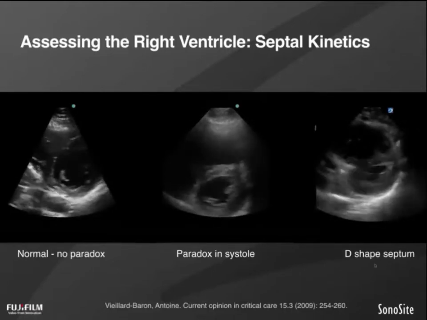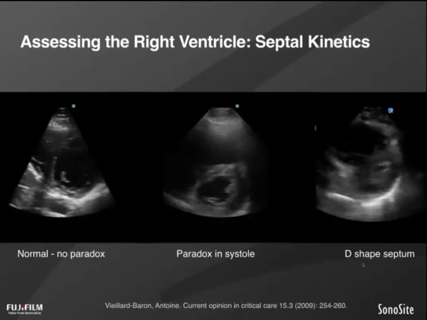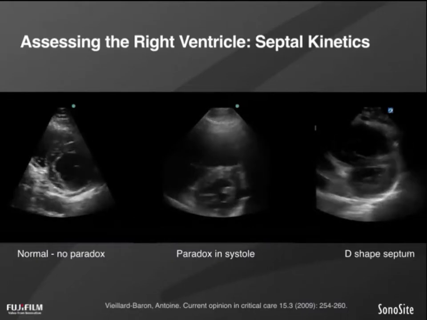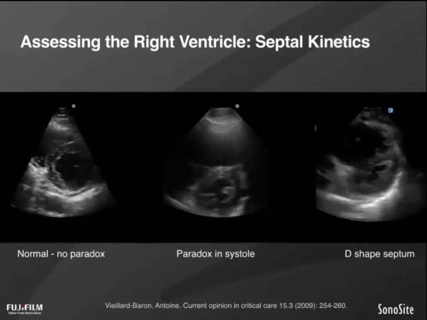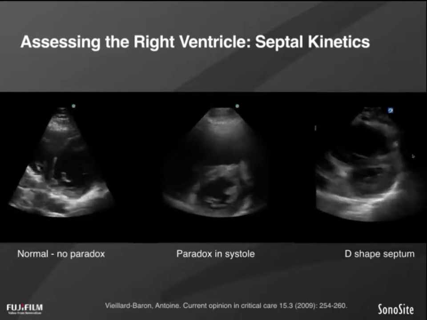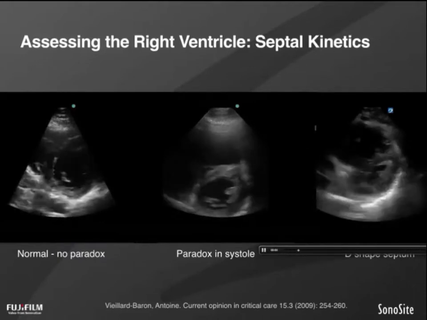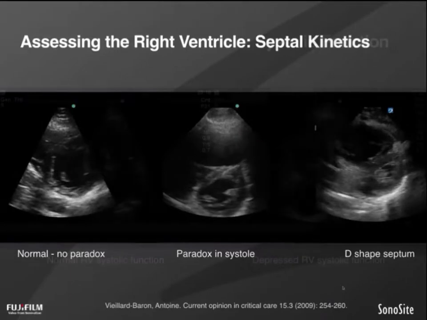Lastly, when there is pressure and volume overload through both phases of the cardiac cycle, the septum behaves largely as a flattened object that leaves the left ventricle appearing like a capital D, where the septum is largely flat, leaving the rest of the circular nature of the LV to make a D shape.